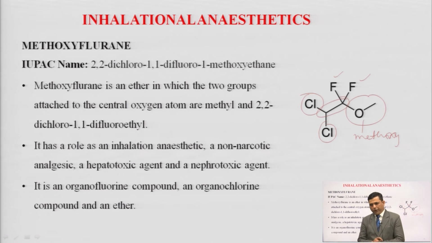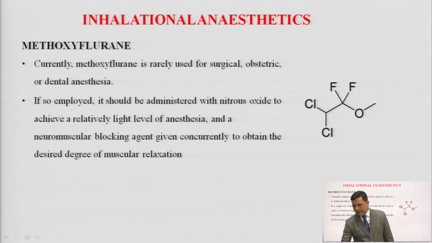Methoxyflurane is an ether in which 2 groups are attached to the central oxygen: the methyl group and the 2,2-dichloro-1,1-difluoroethyl group. The role is again inhalational anesthetic and non-narcotic analgesic; it is also a hepatotoxic and nephrotoxic agent. Again it is an organofluorine compound, an organochlorine compound and an ether.